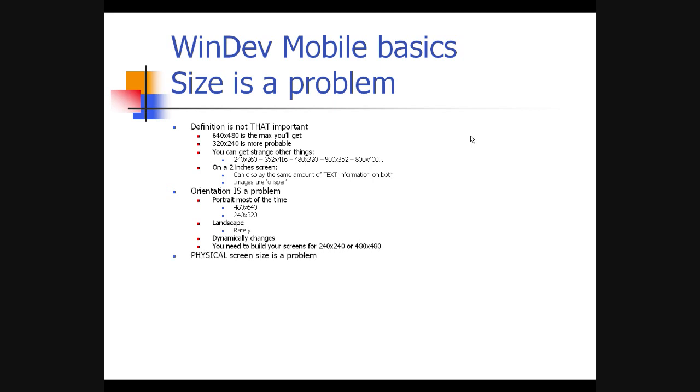So the physical screen size is really the problem. Basically your main problem is when the user can't read anything. And I must tell you that on this cell phone PDA that I'm using, if I don't have my reading glasses, I can't see a phone number. I can't read it.